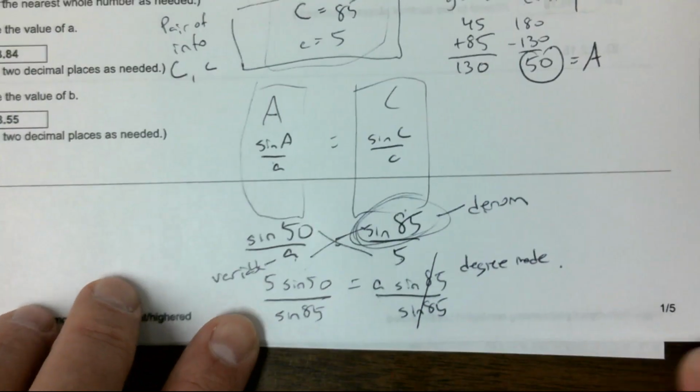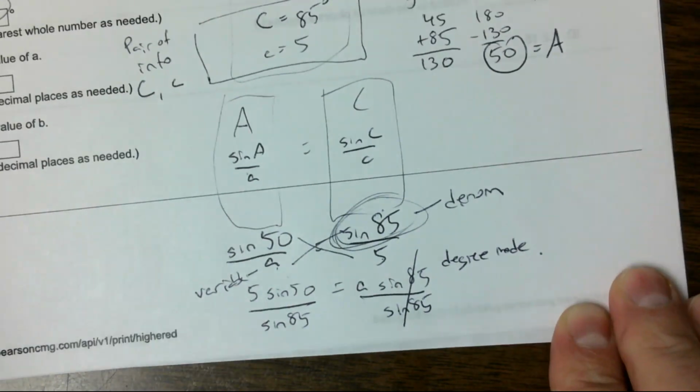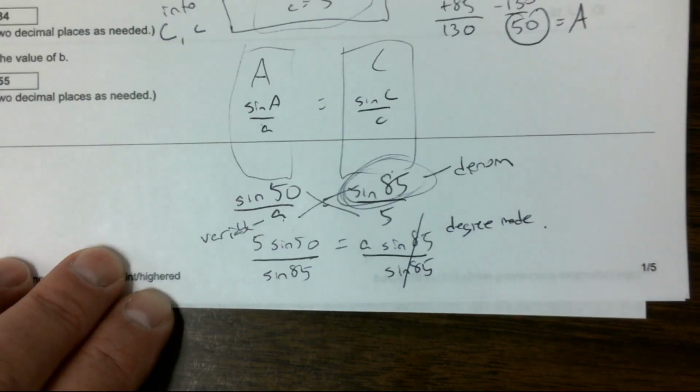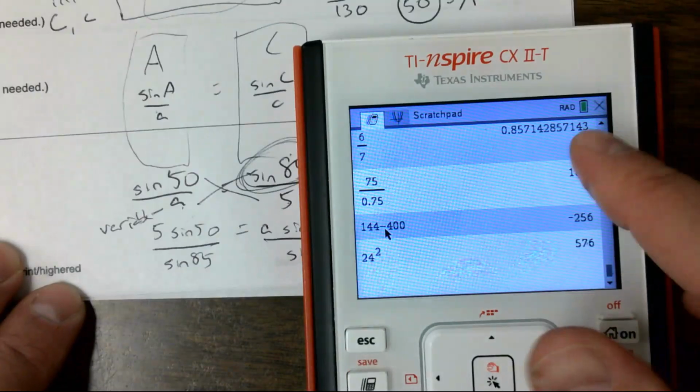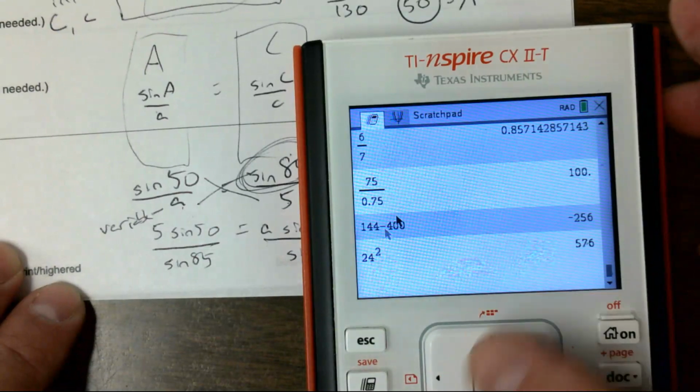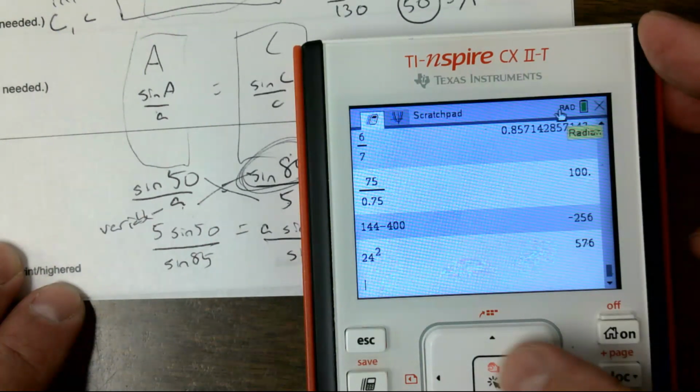So let's do that now. Right now I'm in radian mode, so I need to click over. Now I'm in degree mode.